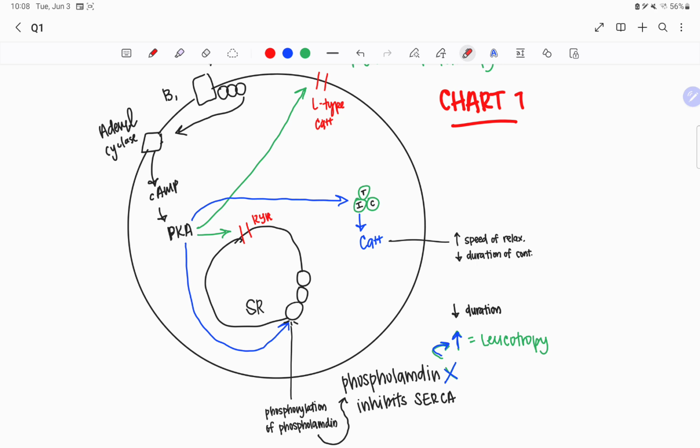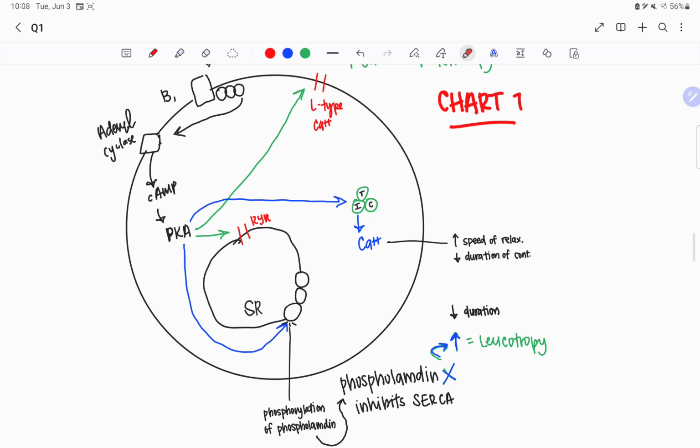If we're getting rid of this calcium on our troponin molecule, then that means tropomyosin is then covering up the actin active sites. So myosin can no longer bind to actin, which means no more contraction.